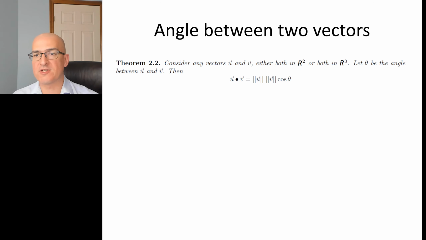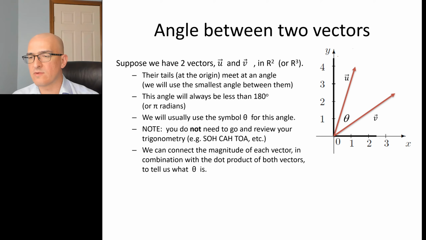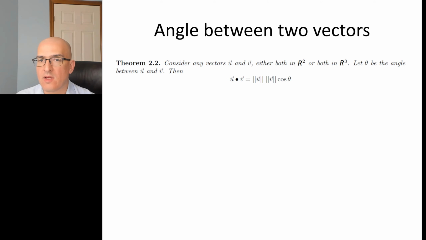Okay, and here's the connection between u, v, theta, and the dot product between u and v. So here's the geometric connection and kind of one of the interpretations we can have for dot products. It's going to be the case that for any vectors u and v, whether you're in 2D or you're in 3D, the dot product between u and v is going to be equal to the length of u multiplied by the length of v multiplied by the cosine of the angle between u and v.